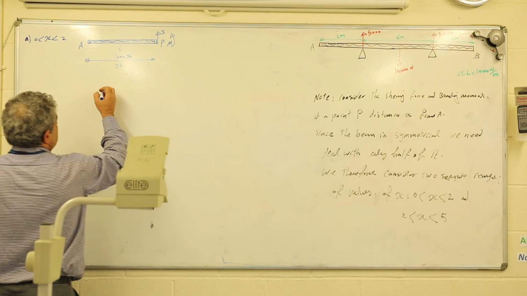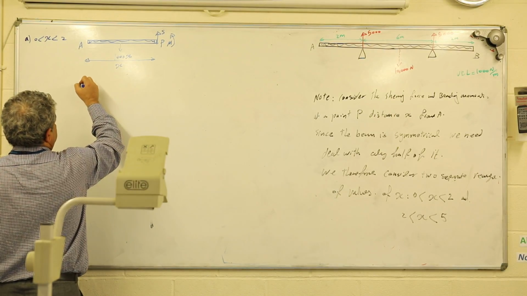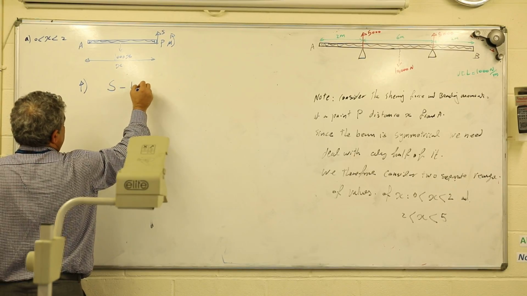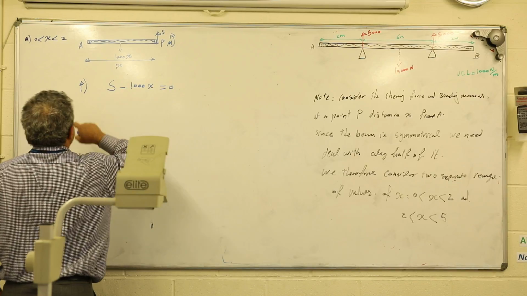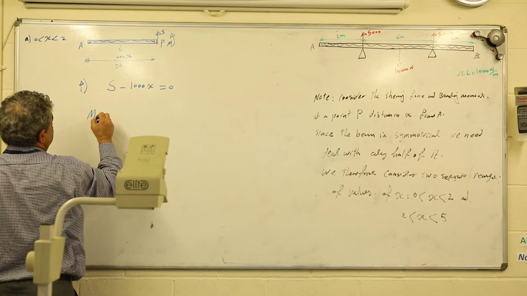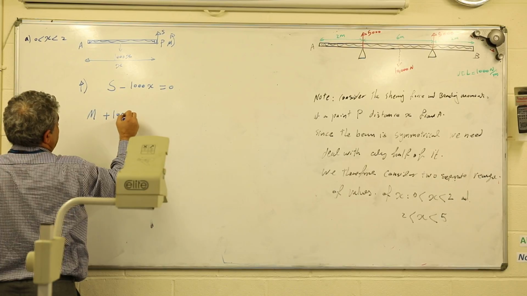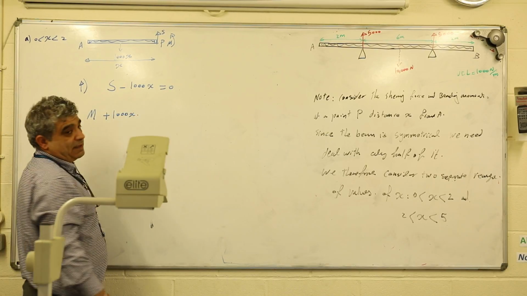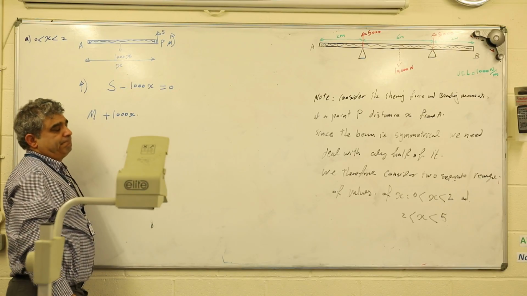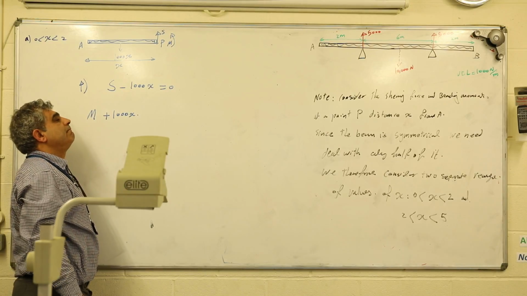So in order to make an equation of the shear force, the shear force goes up minus 1,000x goes down equals 0. And the equation of the bending moment, M at the P, take it positive, plus 1,000x multiplied by the distance of the 1,000x from point P, which is x over 2.